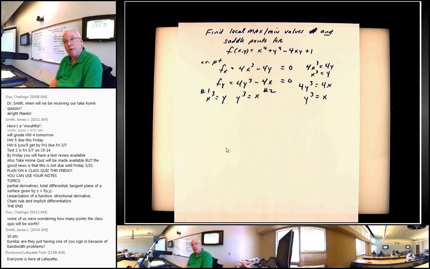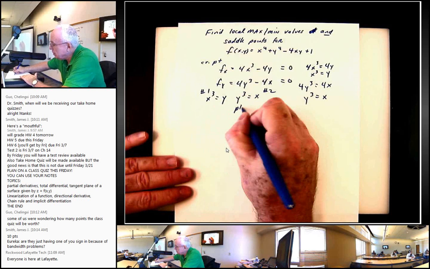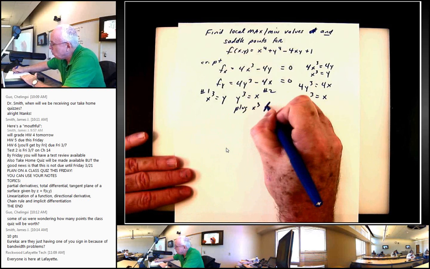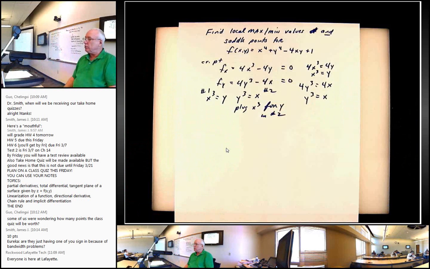Does that make sense? I'm basically using the substitution method to solve two equations. If in one equation you have a variable equals something, you can plug that into the second equation. So I'm going to plug in x to the third for y in equation number 2.